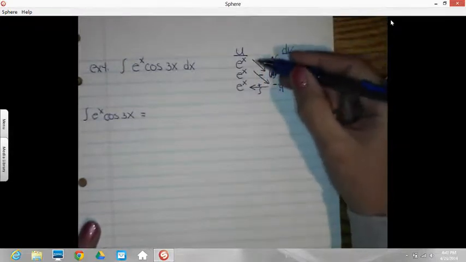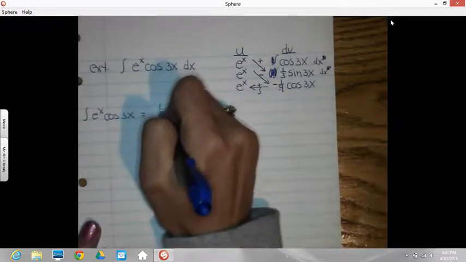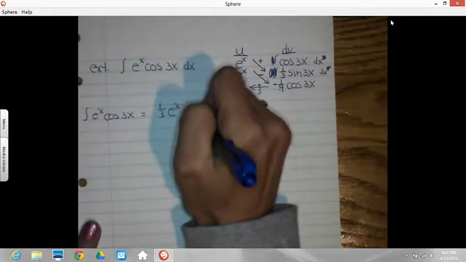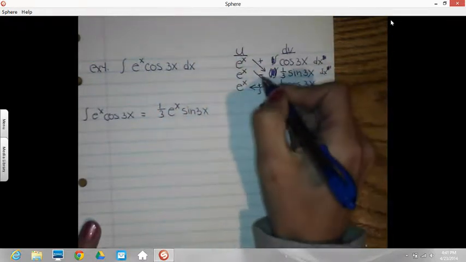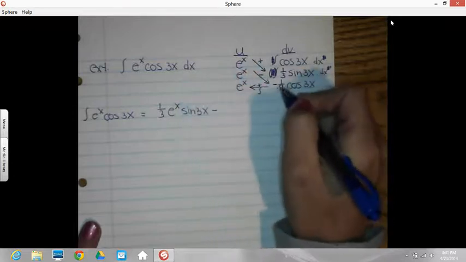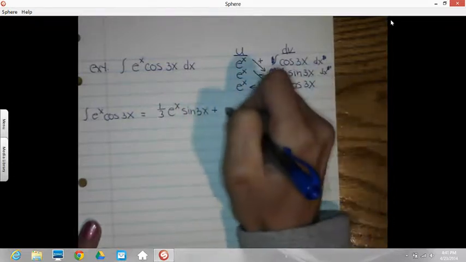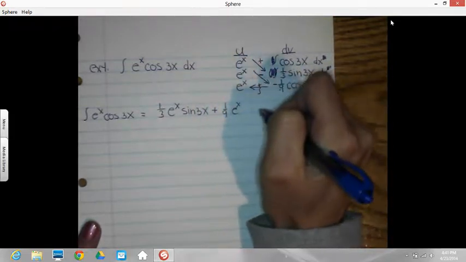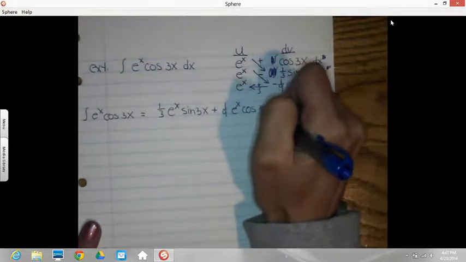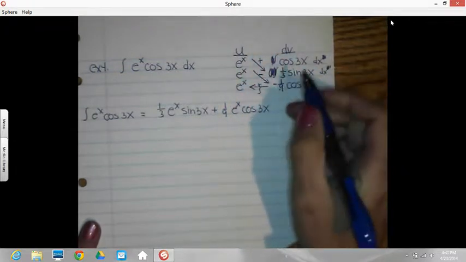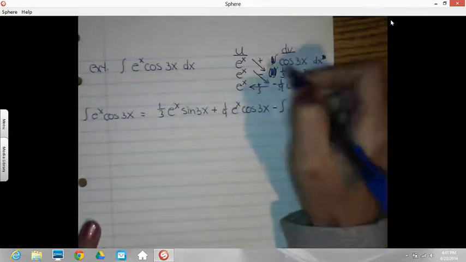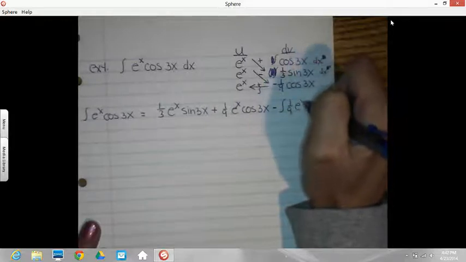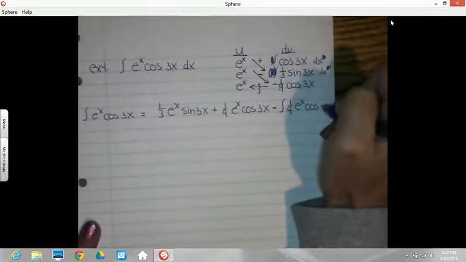So I'll have 1/3 e to the x sine 3x plus 1/9 e to the x cosine 3x. Then I'll have a minus the integral of, excuse me, 1/9 e to the x cosine 3x.